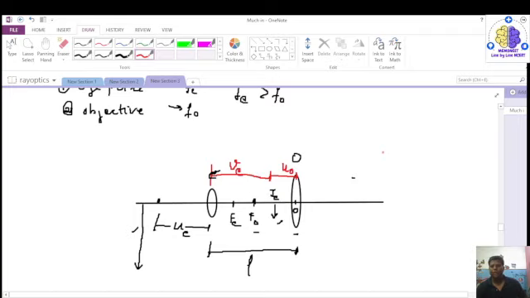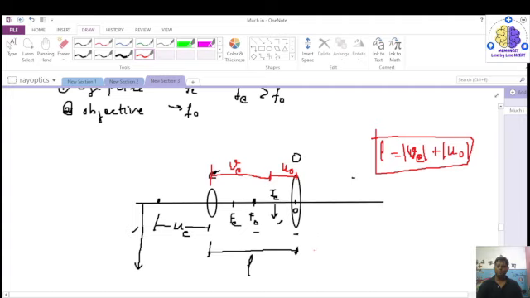So the length of the microscope can be written as magnitude of VE plus magnitude of UO. That is, we do not have to take the sign convention. Magnitude of image distance for the eyepiece plus magnitude of object distance for the objective. This gives you the length of the microscope, right?